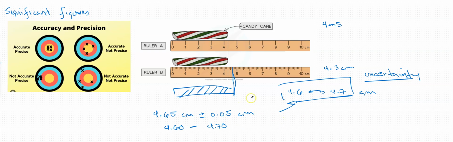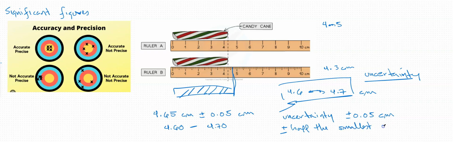So one piece of information we extract from this is that the uncertainty of our measuring device is plus minus 0.05 centimeters, which means plus minus half of the smallest subdivision.